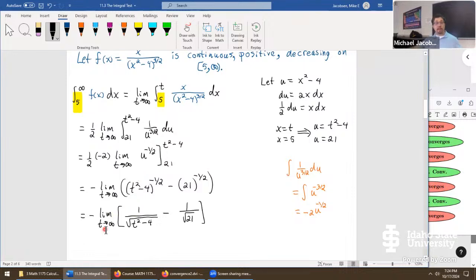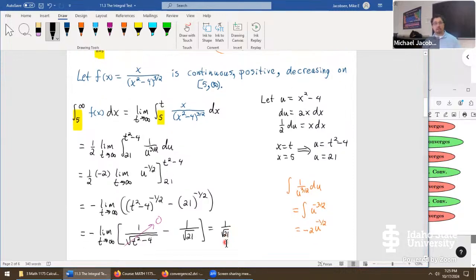Now, as t grows without bound, this denominator here gets arbitrarily large, growing ever larger without bound as well. And now 1 divided by something that grows without bound becomes a limit of 0 altogether. So that's gone. That's kind of helpful. And we are just left with negative 1 multiplying negative 1 over root 21 to get a value of 1 over root 21.